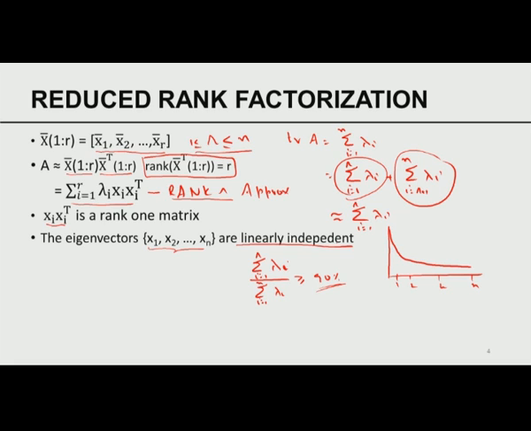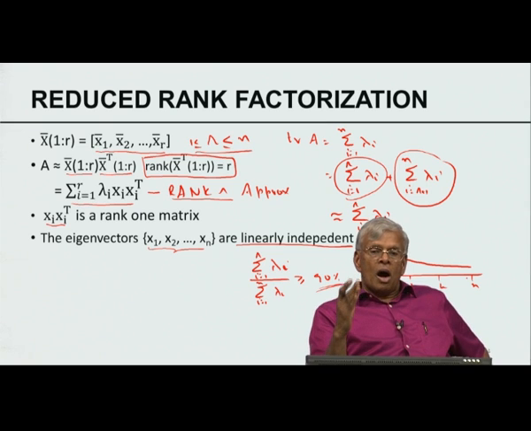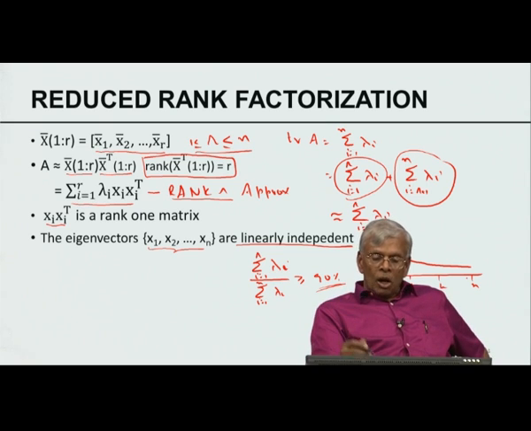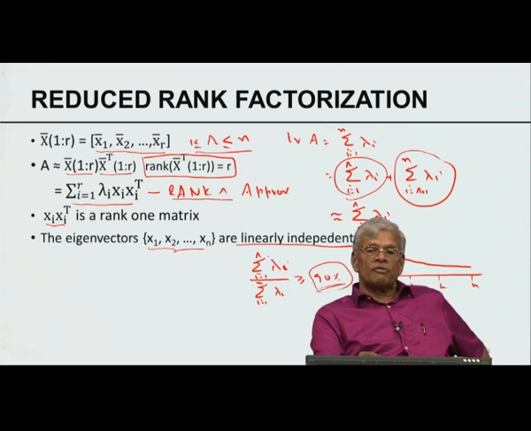If in practice the eigenvalues fall off very sharply like this, the sum of the last very small eigenvalues does not add up much. So we may be able to cut off at a decent value r. The r is decided by the ratio of the sum of the first r eigenvalues to the total sum of all the eigenvalues.